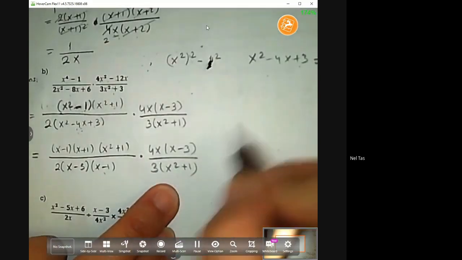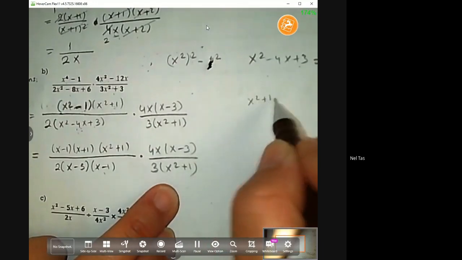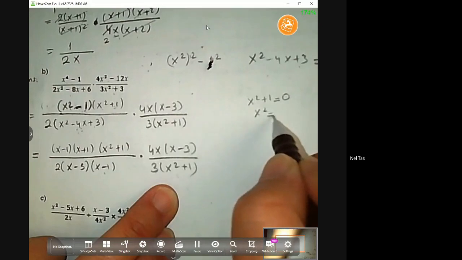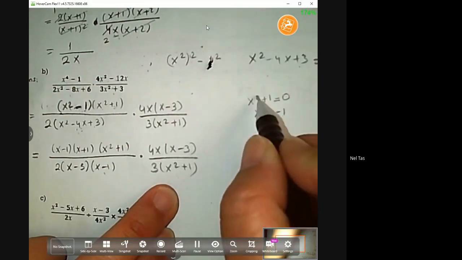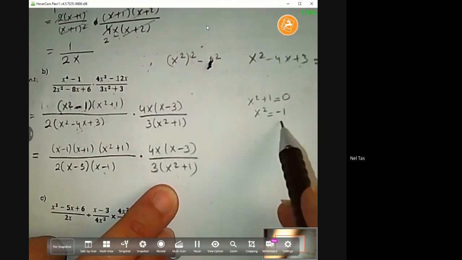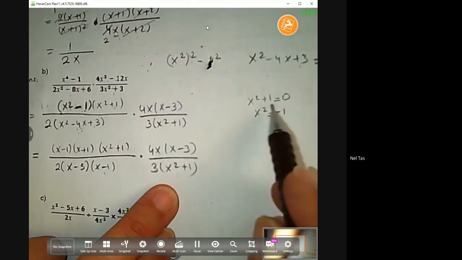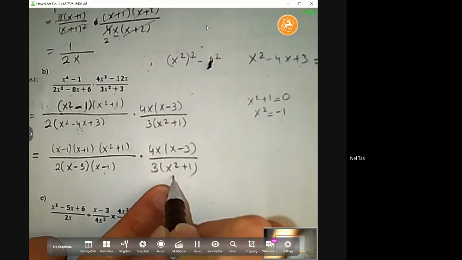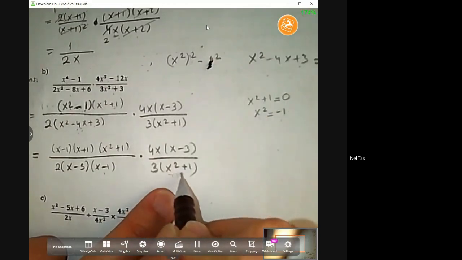But if you try to make x squared plus 1 equal 0, you get x squared equals negative 1, and it's not possible, right? When you square any number, you will get a positive number, you will never get a negative number. So there is no solution from here. That is the reason no restrictions come from here.